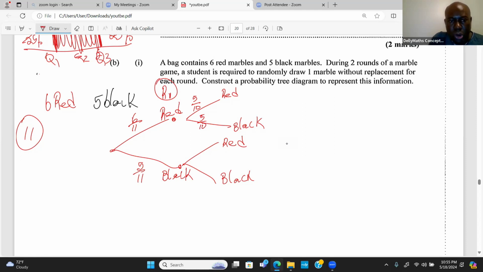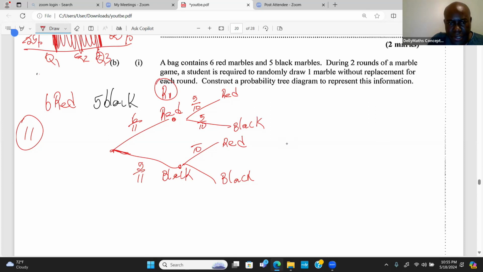If we now come here where we're looking at the black, 5 out of 11, when we draw black again, it's going to be 4 out of 10. But for the red here, since we wouldn't have touched that red right here, right? Oh, I put that in the wrong spot. My bad.